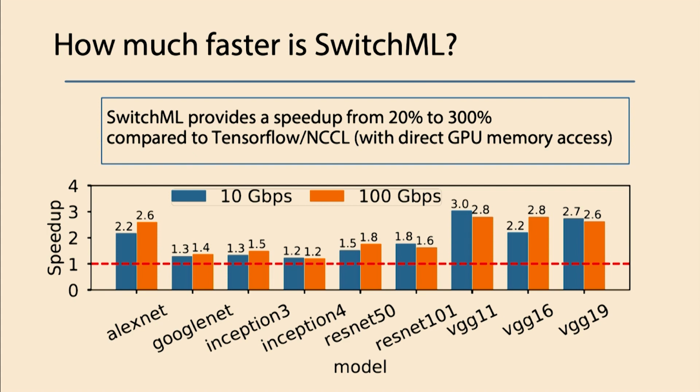And what we see here is that SwitchML is able to provide up to 300% improvement in training performance for some networks. In the worst case, it provided 20% training performance improvement. And these differences are coming from differences in the structure of the network. So they have different ratios of communication to computation.